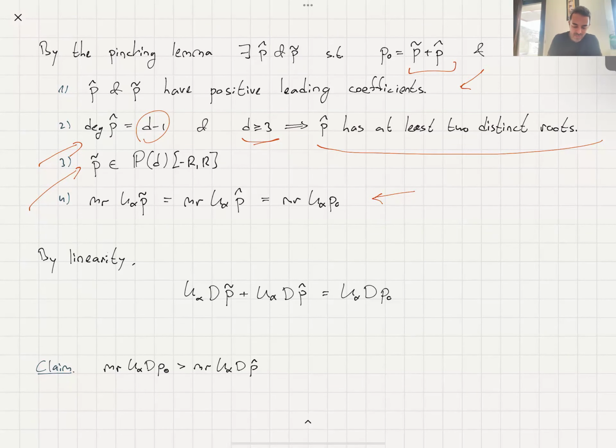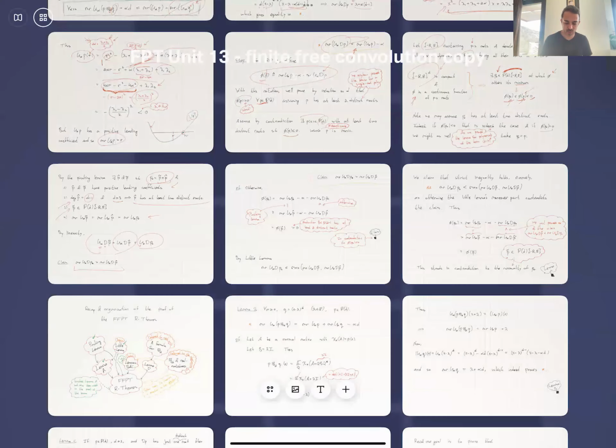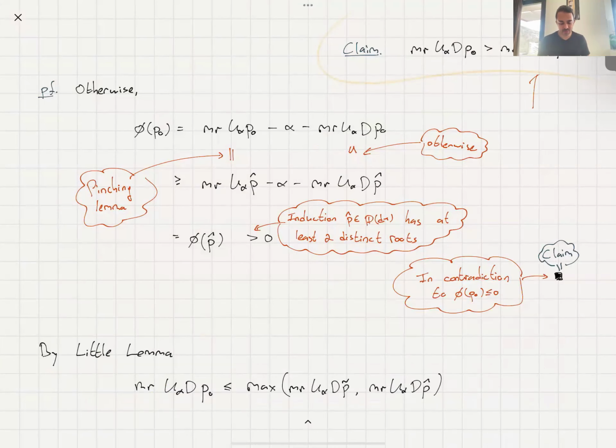Okay, so by linearity of both u alpha and d, because of this equality, we know that u alpha d applied to p tilde plus u alpha d applied to p hat is the same as u alpha d applied to p0. And my claim is that the max root of u alpha d p0 is strictly larger than the max root of u alpha d p hat.